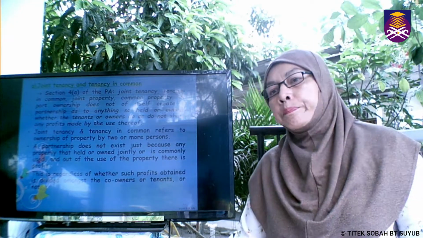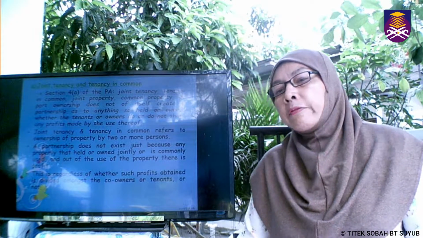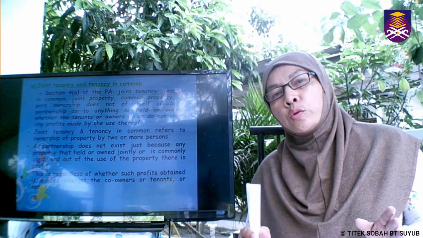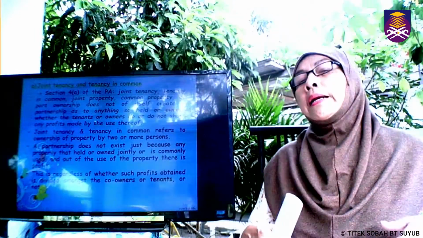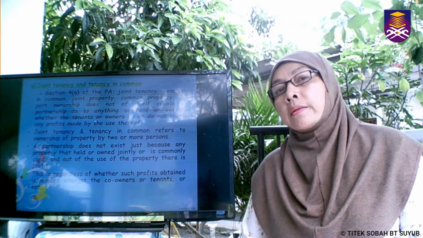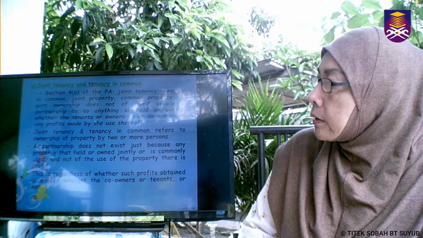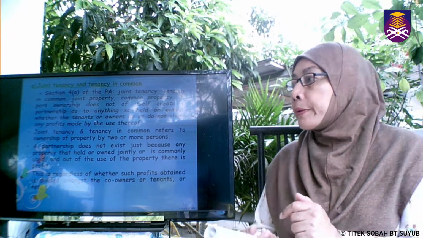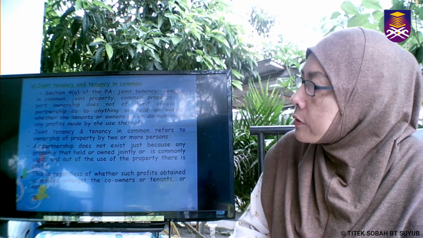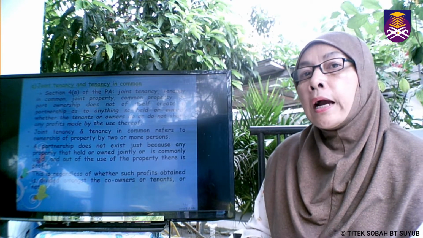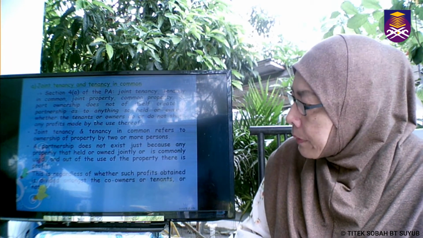So meaning, if persons share a piece of land, or a person rents a place, or they rent out the place and they share from the said rent, they are actually not partners. They are not partners actually. Okay, though they share profit from the said property. So this is very clear from section 4A. Okay, so because they are joint owners, this does not make them a partnership.